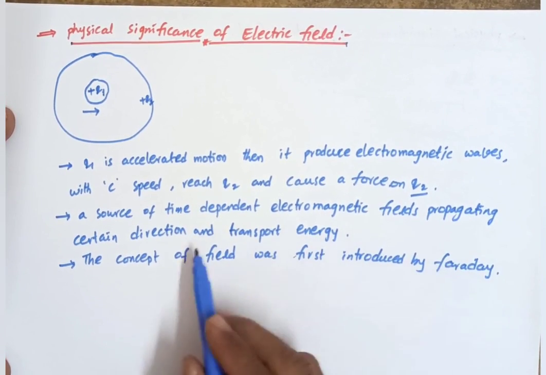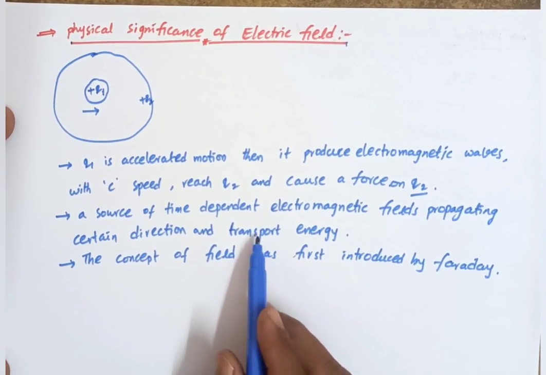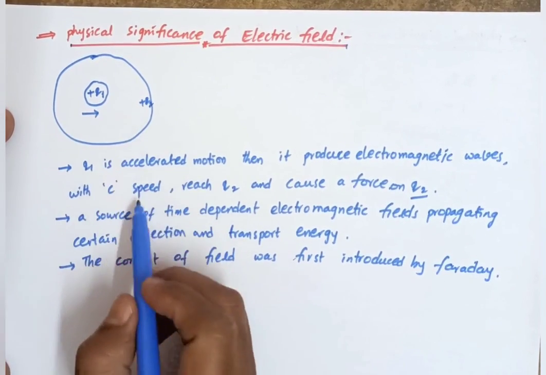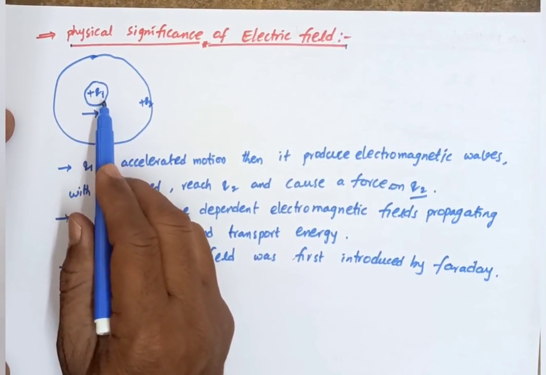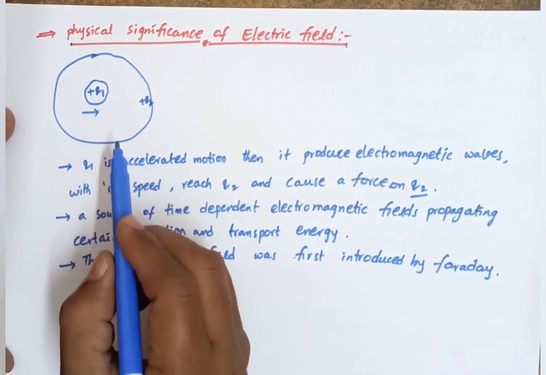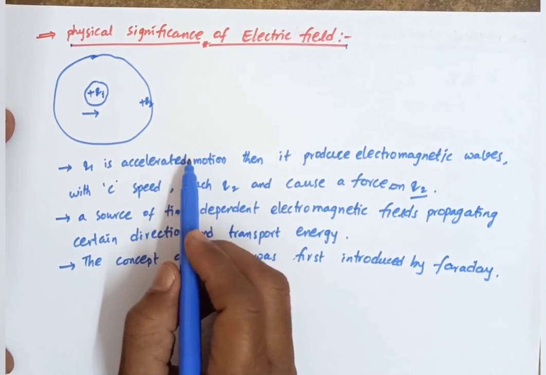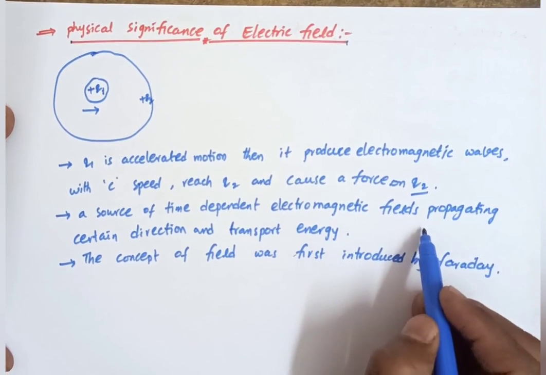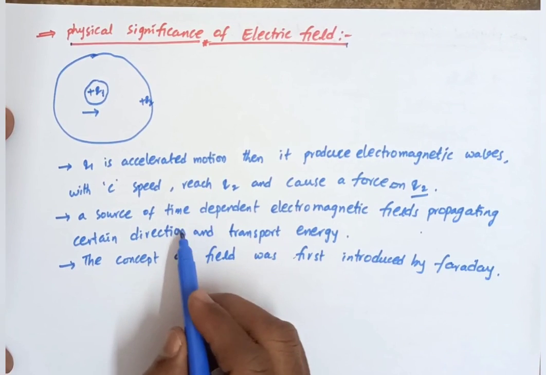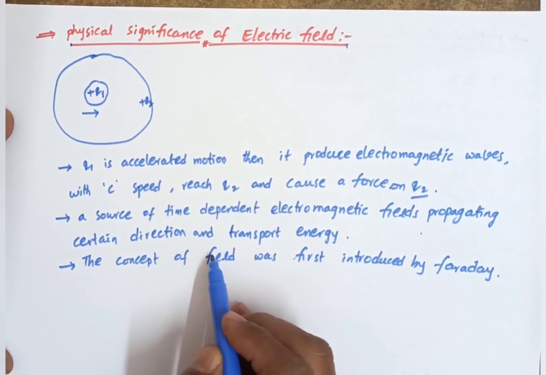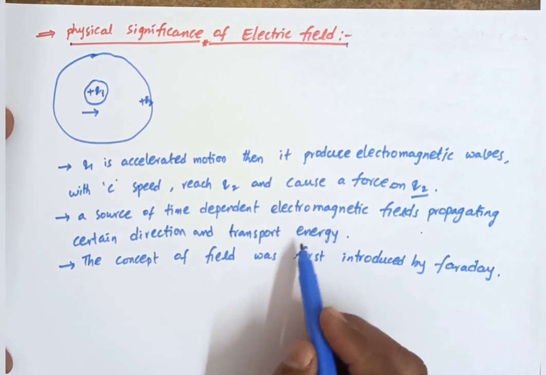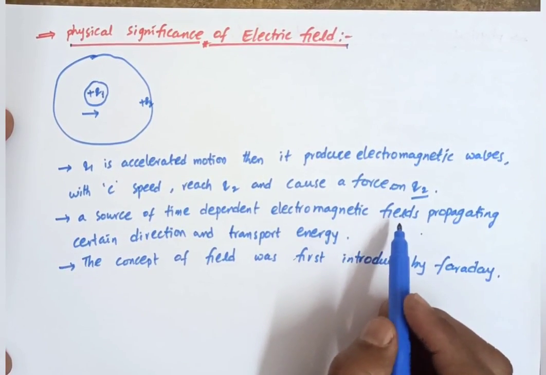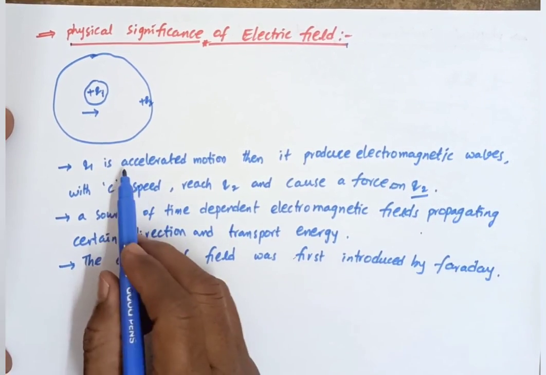The electromagnetic waves are a physical significance of this electric field. When a source charge is in accelerated motion, it produces electromagnetic waves, which transport energy and can be detected.